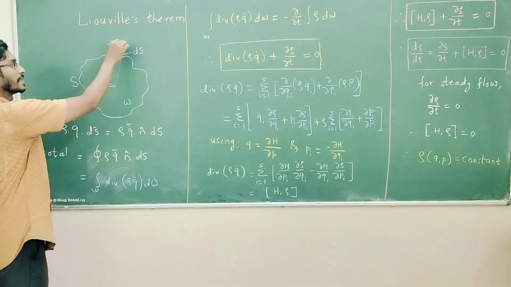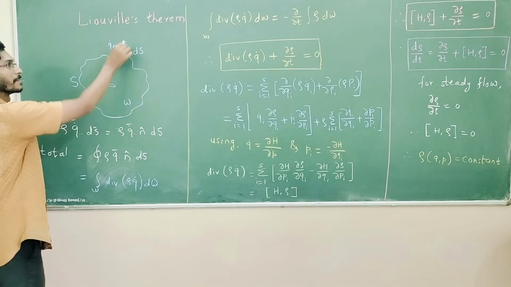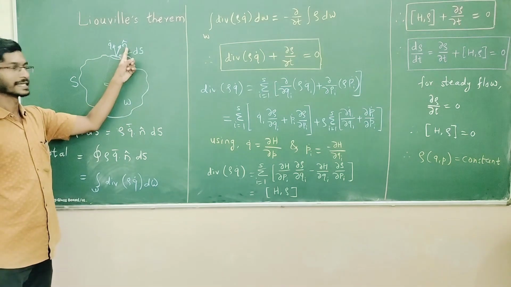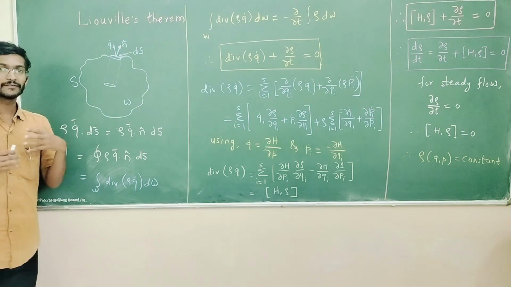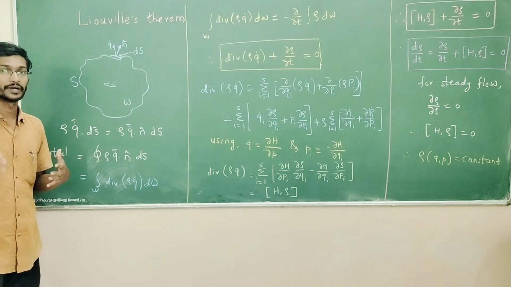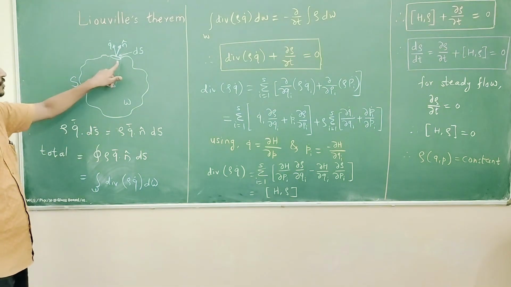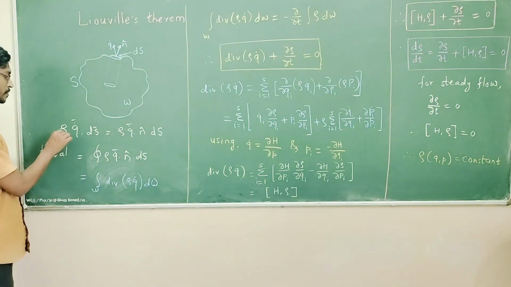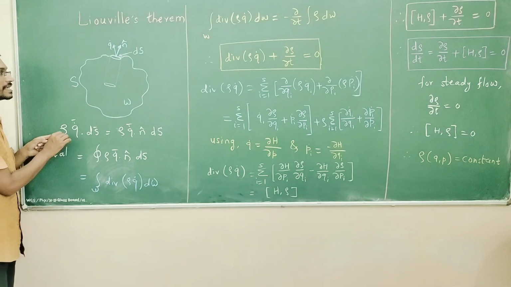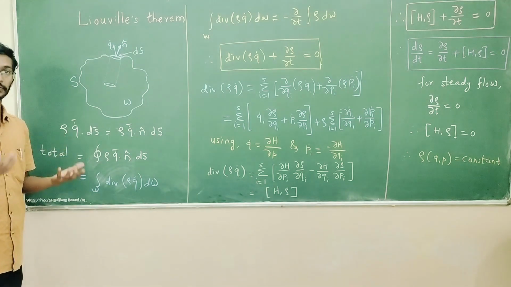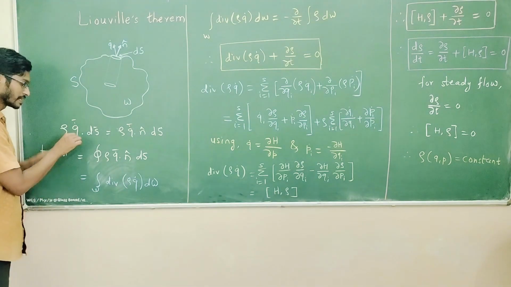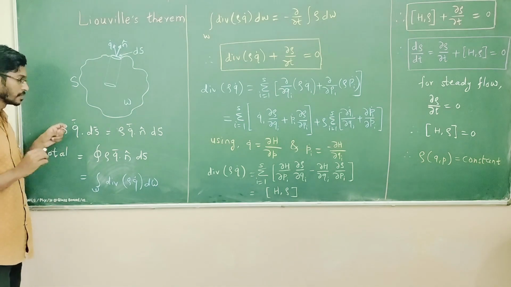Now this area vector at some point is making this normal n cap. So the total flux, or the total number of phase points coming out of this first portion, can be written as rho, which is the density of phase space, or we can call it the distribution function, into q dot bar.